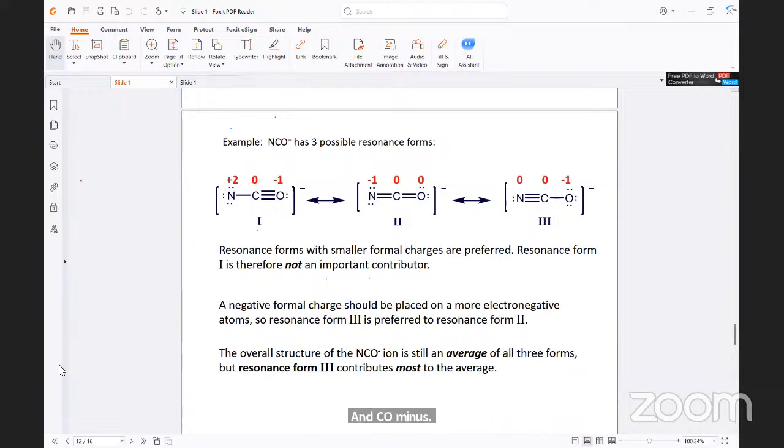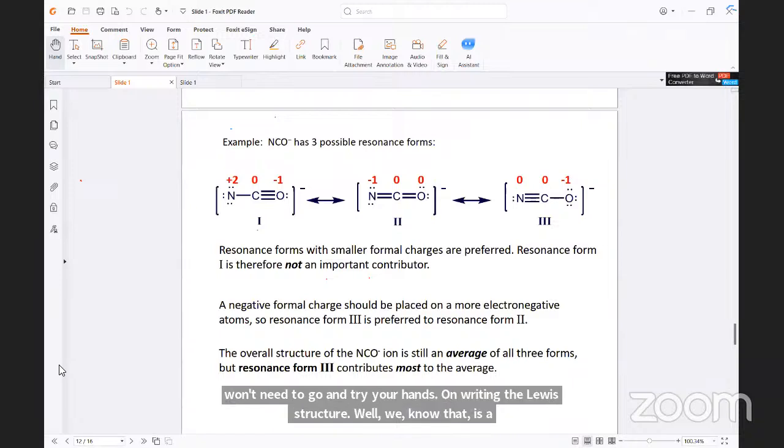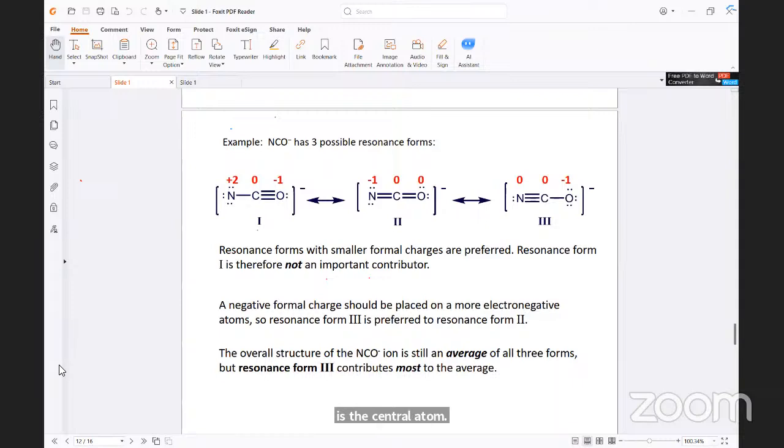NCO minus. Based on what we have learned, we can write the Lewis structure as presented on the slide. You won't need to try writing the Lewis structure yourself, but we know that carbon is the central atom, because it is the least electronegative.